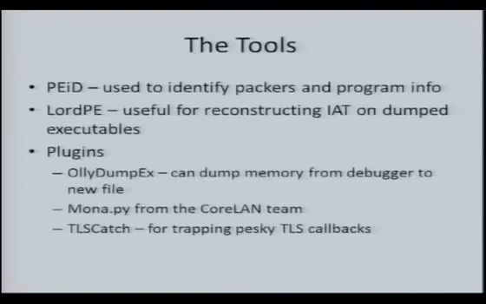It can also be useful for finding the original entry point. We're going to talk about what those are in a little bit. It has some specific trace features that allow you to go into the assembly and step through the section hops to find where the packer ends and where the real program begins.